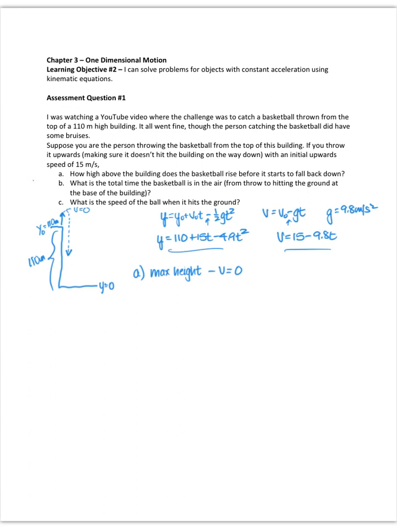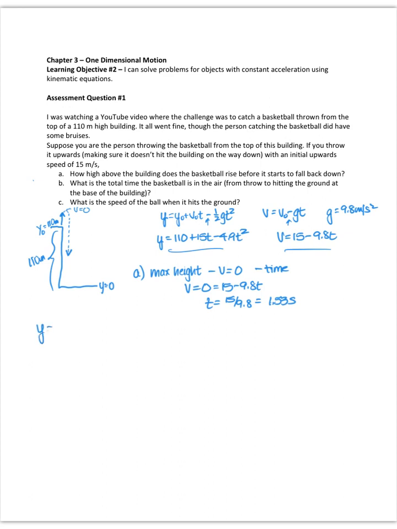It's going to stop and then turn around and go in the negative direction. So this will tell us the time when it reaches the maximum height, which we will then use in the y equation. So we let v equal 0, and that's equal to 15 minus 9.8 t. So t is 15 over 9.8. So the time is 1.53 seconds.